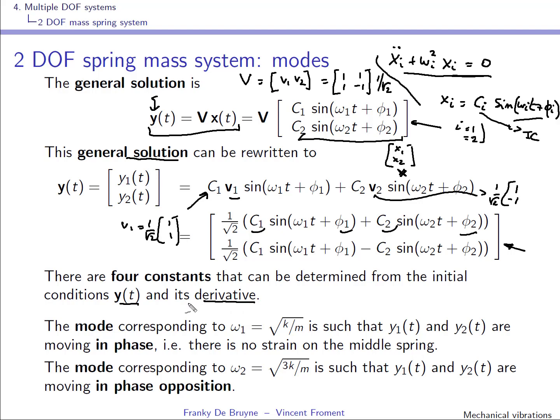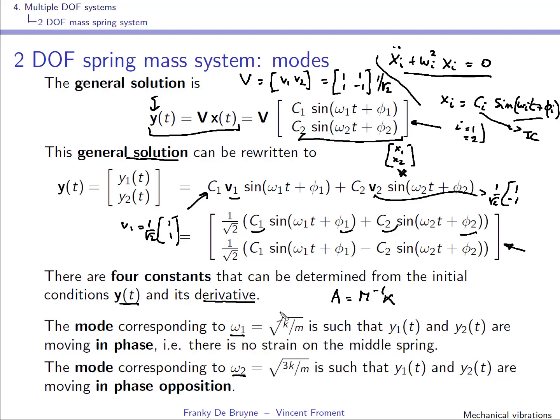And there are two modes, okay, corresponding to an eigenfrequency, omega 1 and omega 2. And omega 1, well, it's the square root of our eigenvalues that we had in the previous problem, the eigenvalues of our matrix A, which was m minus 1 k.